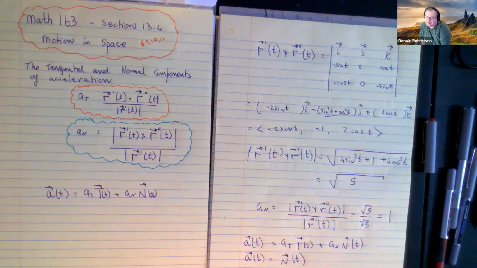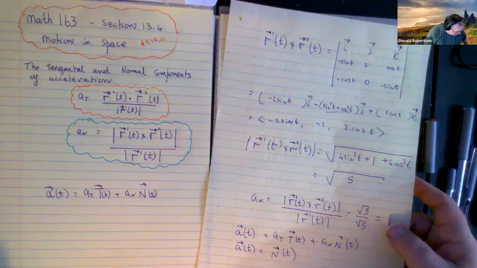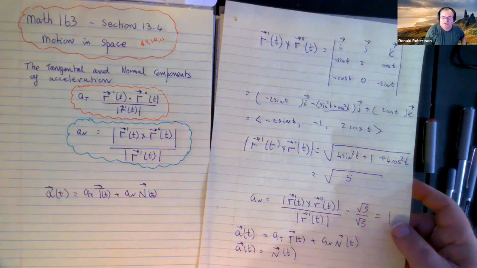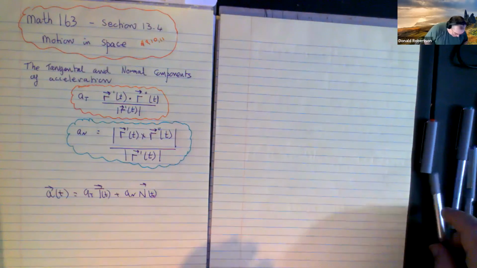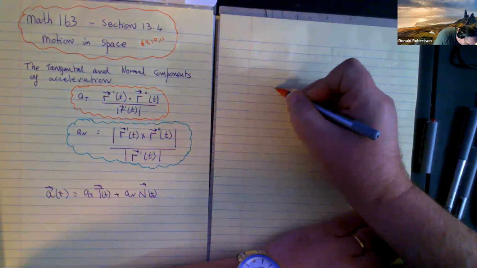How weird is that? If you're spiraling, your acceleration is only going to be in the direction towards the center of the circle of your spiral.